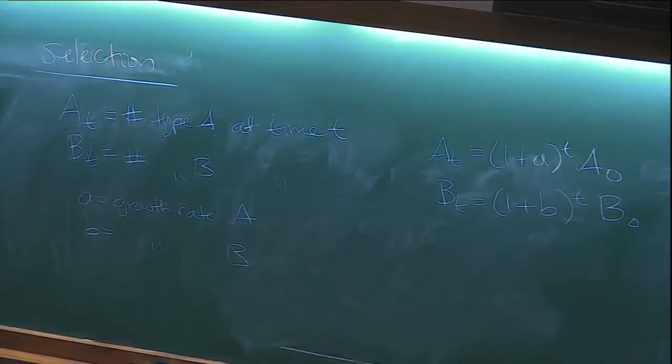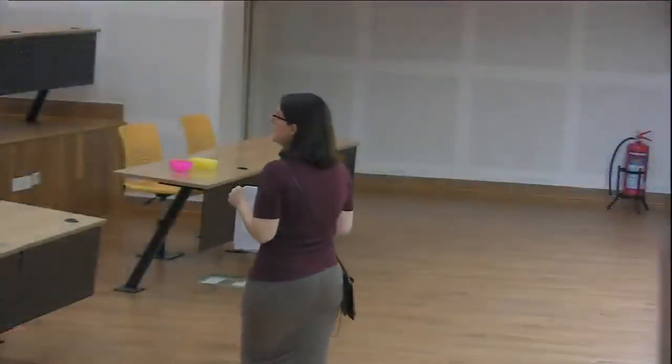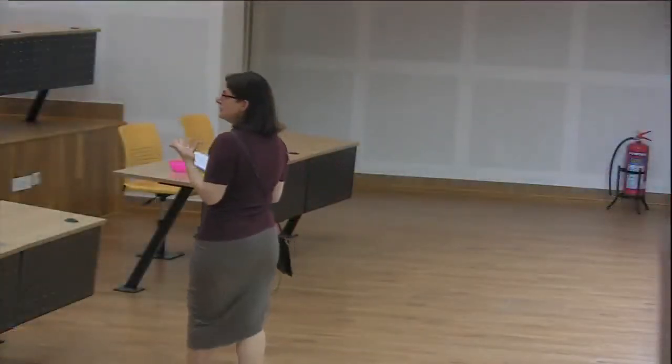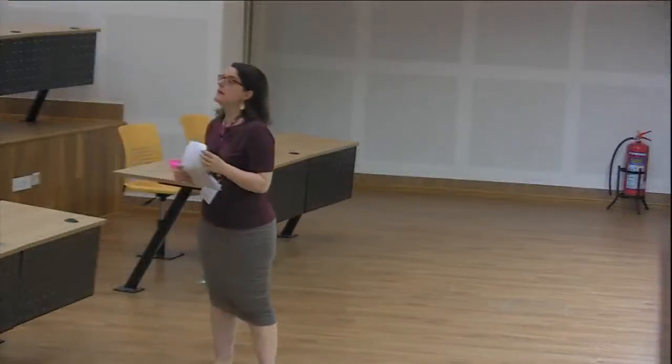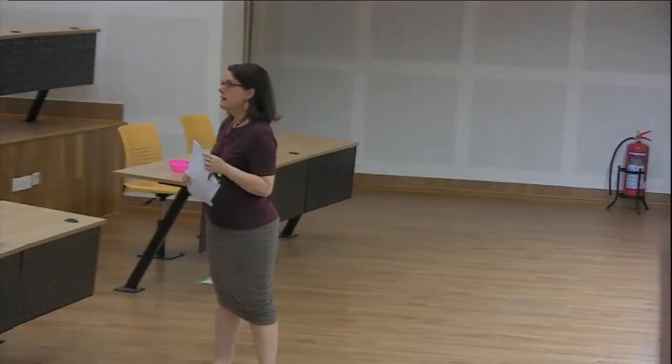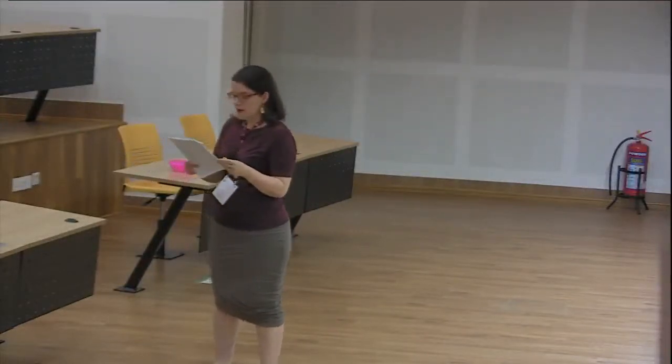So there's an intrinsic relationship between demography, where we follow the numbers of organisms, and fitness, because fitness tells us the relative numbers of these different types, right? We'd like to know sort of which one is doing better, which one has higher numbers. So one thing we can do is just say, well, what's the relative frequency of these two types?